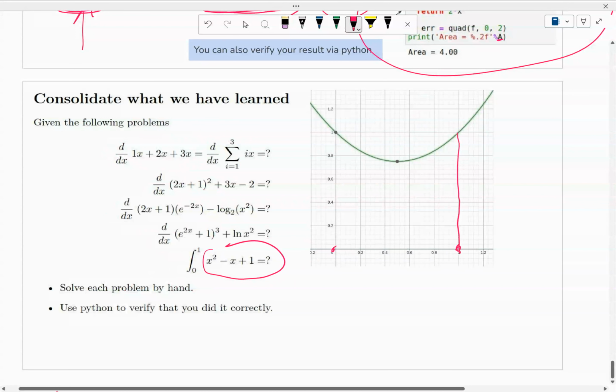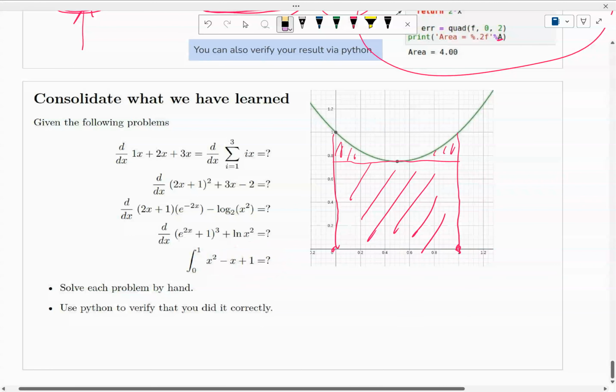Now, this is much harder than a triangle. How do you find the area? These are much harder areas to find. Now that you know how to do this backwards, you can essentially calculate the area.